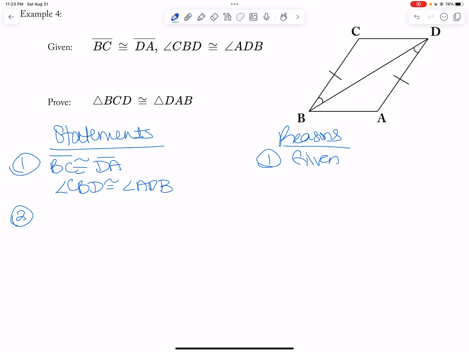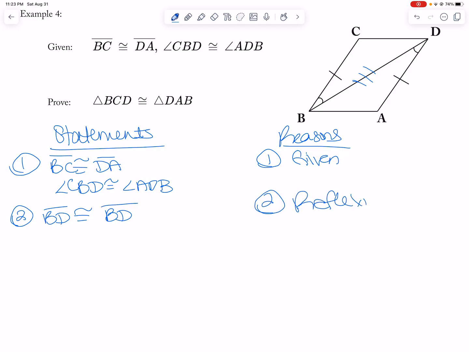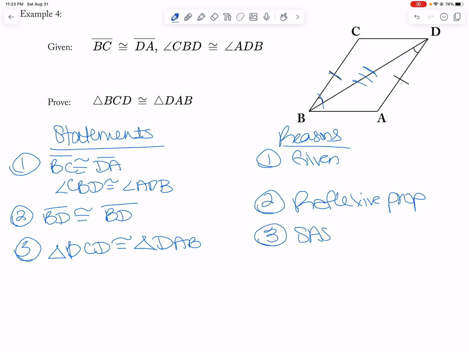Then my second thing would be BD is congruent to itself, which is reflexive. So then side, angle, side. Then 3 would be triangle BCD is congruent to triangle DAB by side-angle-side.